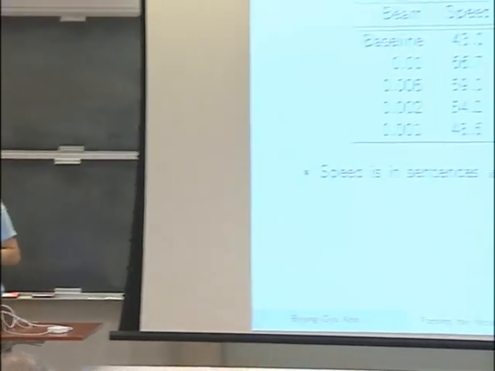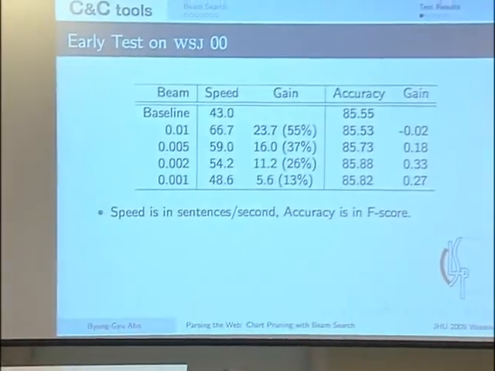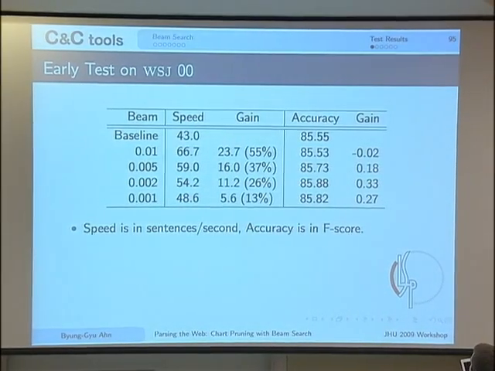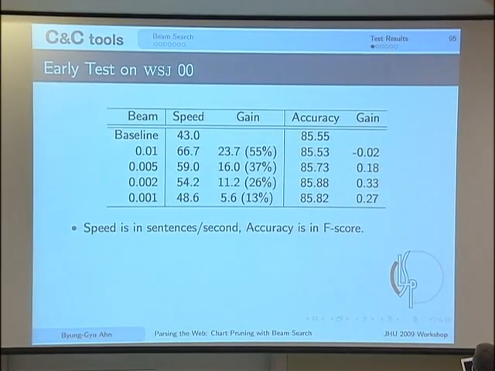So this is the test result on Wall Street Journal section 0. As you can see, with beam search applied, there is much gain in speed, and there is some loss in accuracy for a beam value of 0.01. But surprisingly, there is also a gain in accuracy for some beam values. I will explain that in a moment.